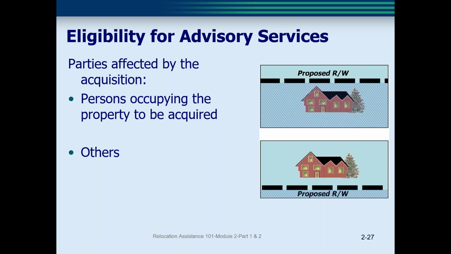The agency determines that the business is not displaced as a result of the acquisition, but it may still offer advisory services. Examples of advisory services might include information about the nature of the project, what the road will look like, and the construction schedule.